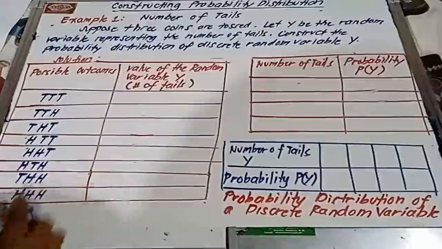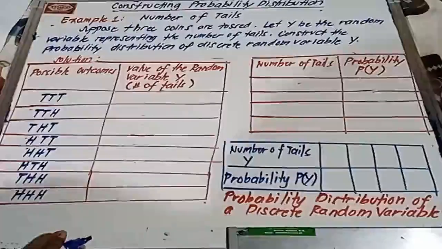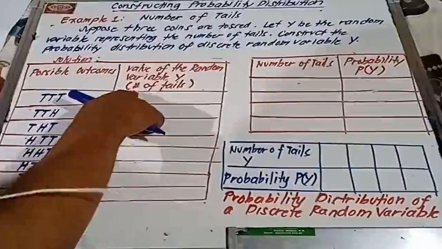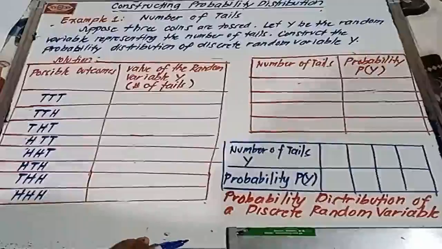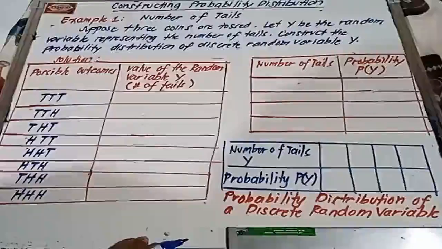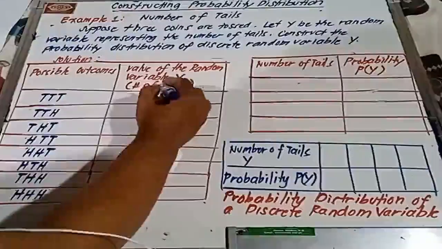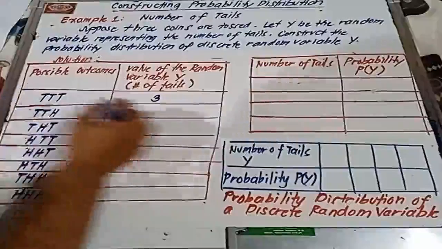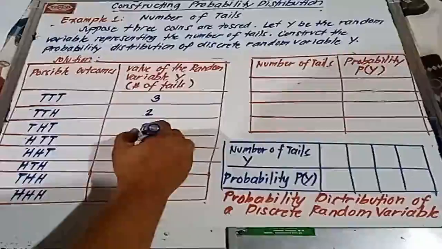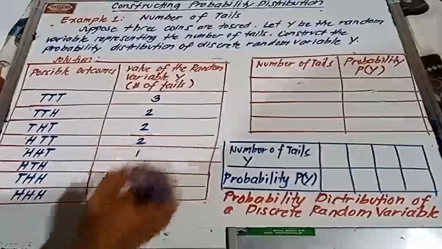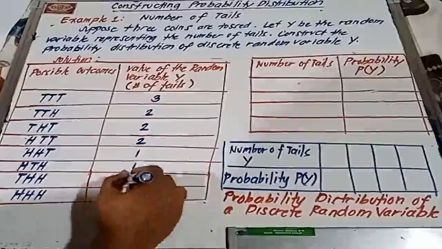Okay. Then, determine natin yung value of the random variable y na kung saan yung variable natin represent the number of tails. So, tingnan natin yung number of tails dito sa ating mga elements ng sample space. Ito, 3 tails. The value of the random variable is 3. 2 tails, 2 ang value ng random variable. 2 tails din. 2 tails ito. 1 tail here, so value of random variable is 1. 1 tail also here, so 1 din. 1.